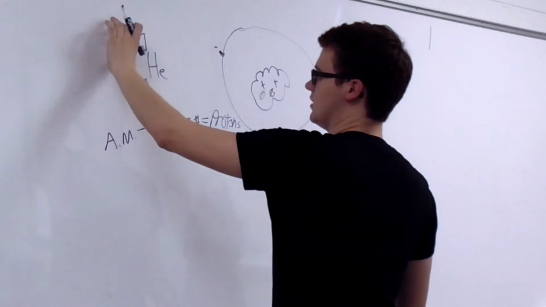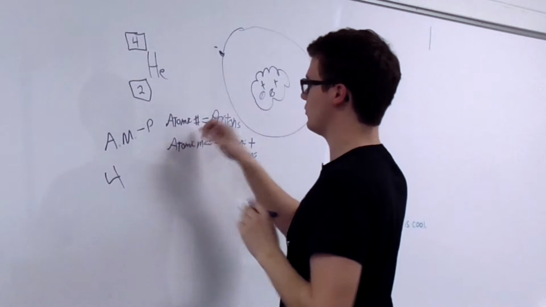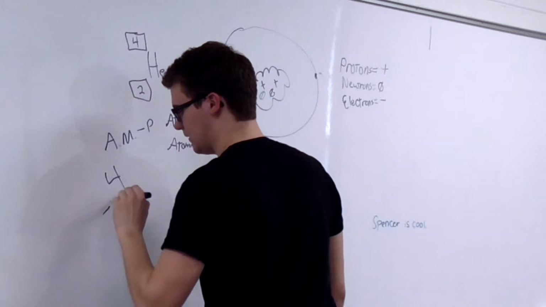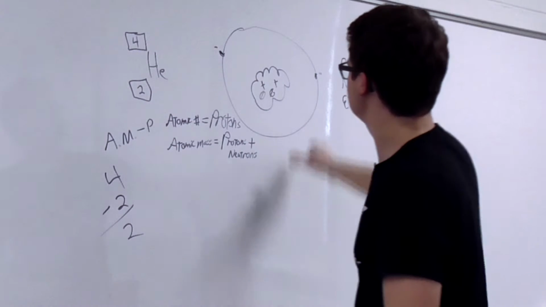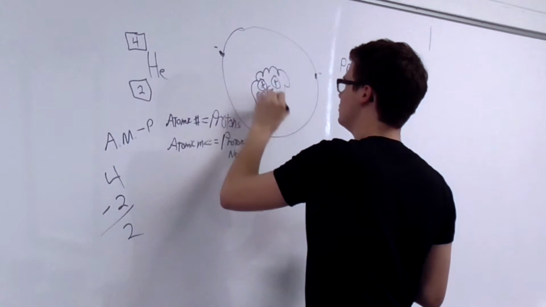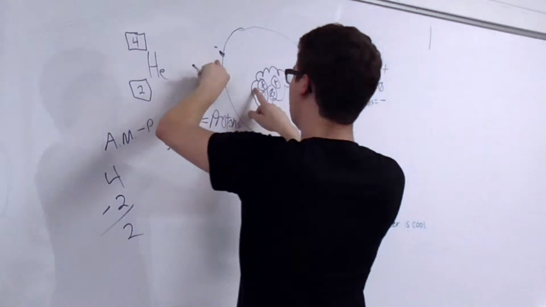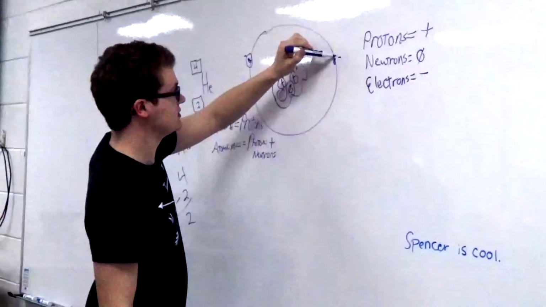In this case, atomic mass was 4, and our atomic number, or the number of protons we had, was 2. So 4 minus 2 equals 2. This atom I built here is exactly that, with 2 protons, 2 neutrons, and the same number of protons tends to apply here for electrons unless I denote otherwise. So you have 2 electrons as well.